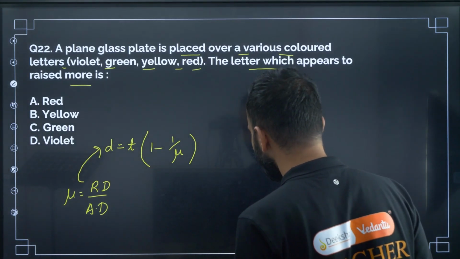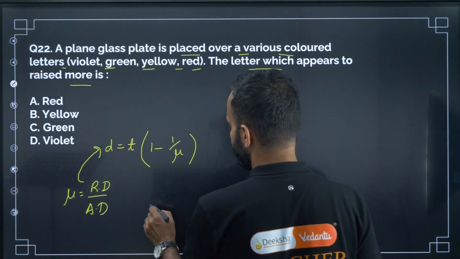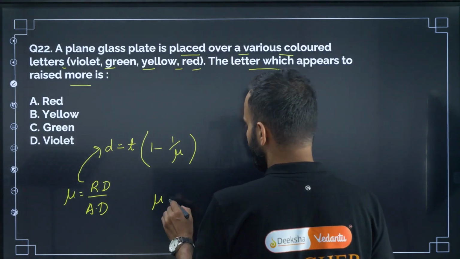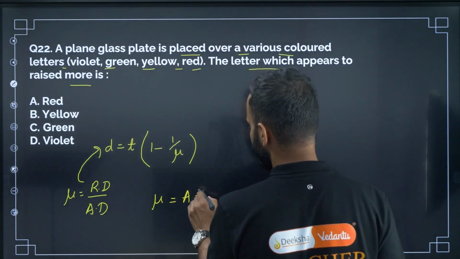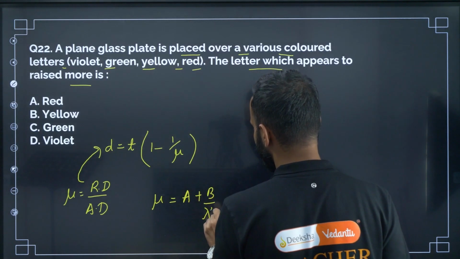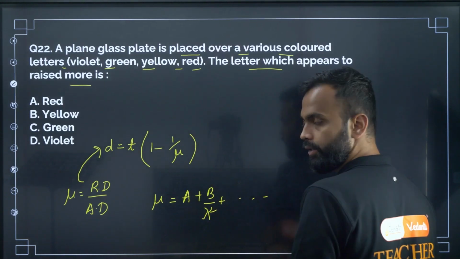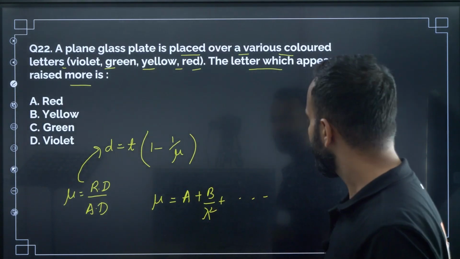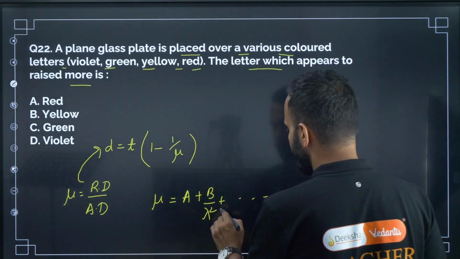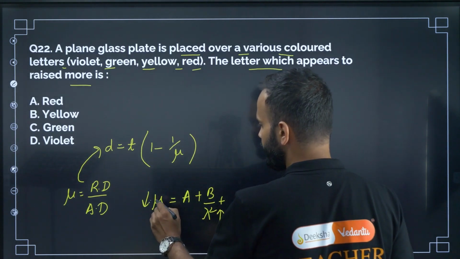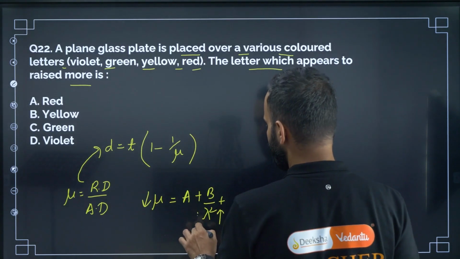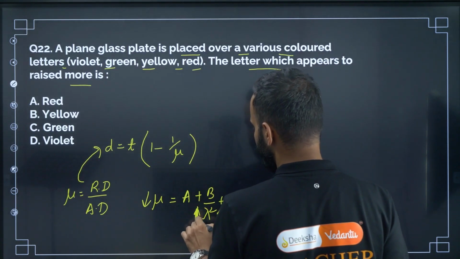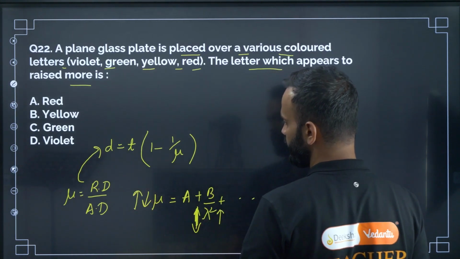We know that the refractive index mu equal to Cauchy's formula, a plus b by lambda square plus c by lambda to the power 4 and so on. So from this I can say, as the value of lambda increases, mu value decreases. As the value of lambda decreases, mu value increases.